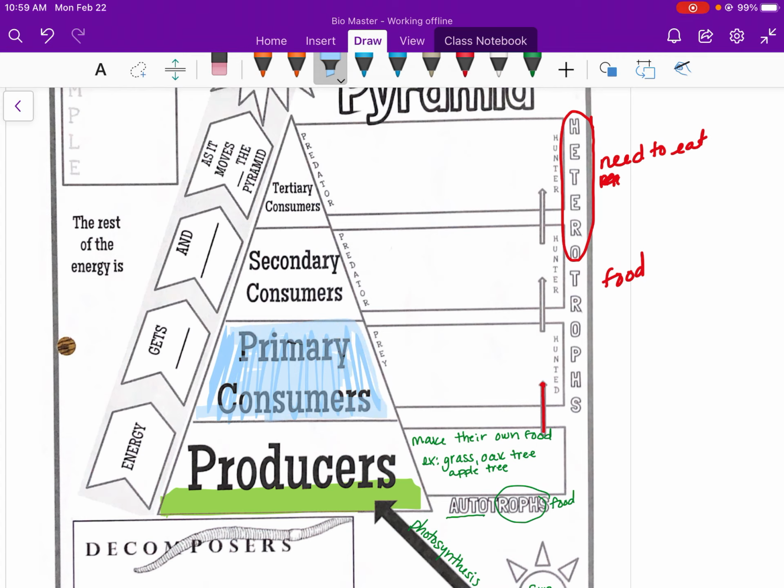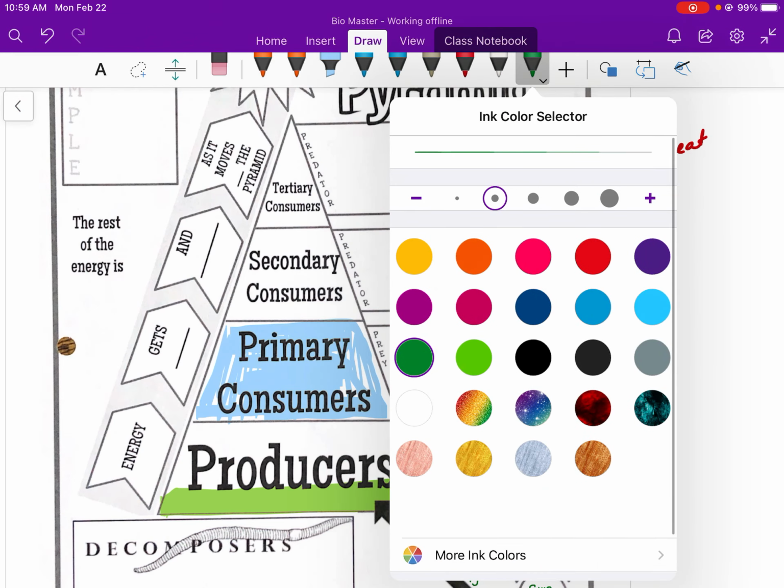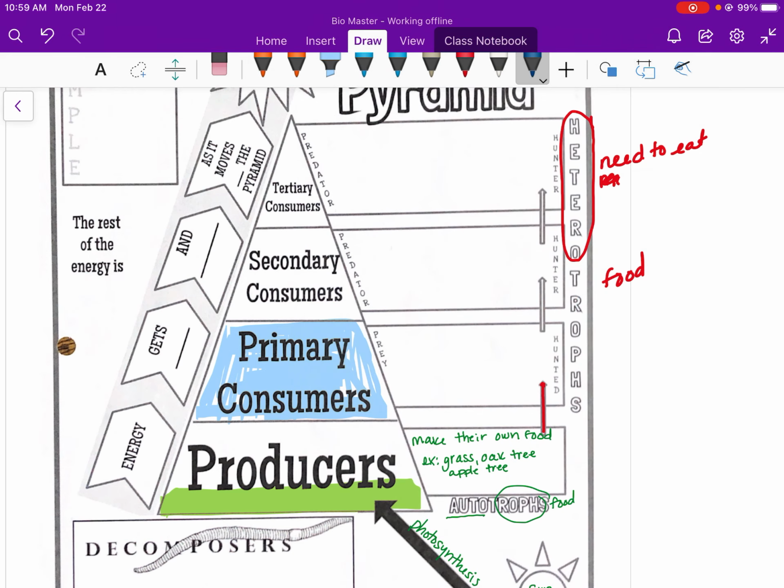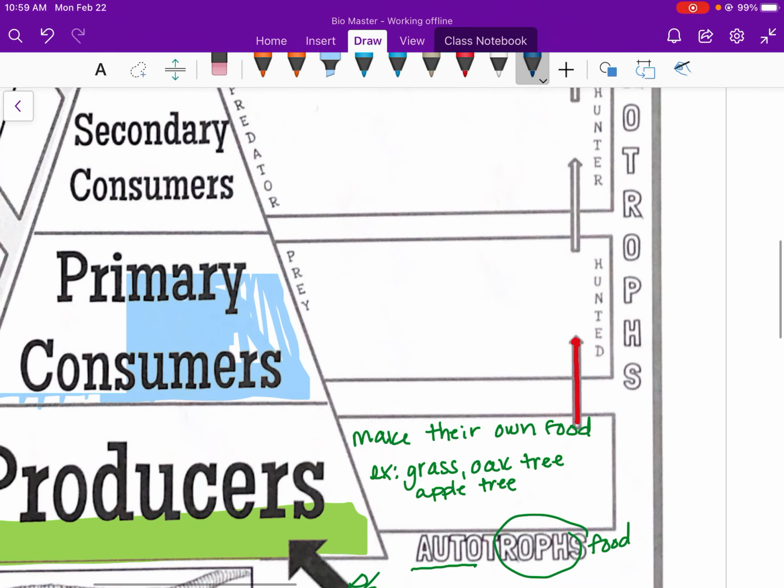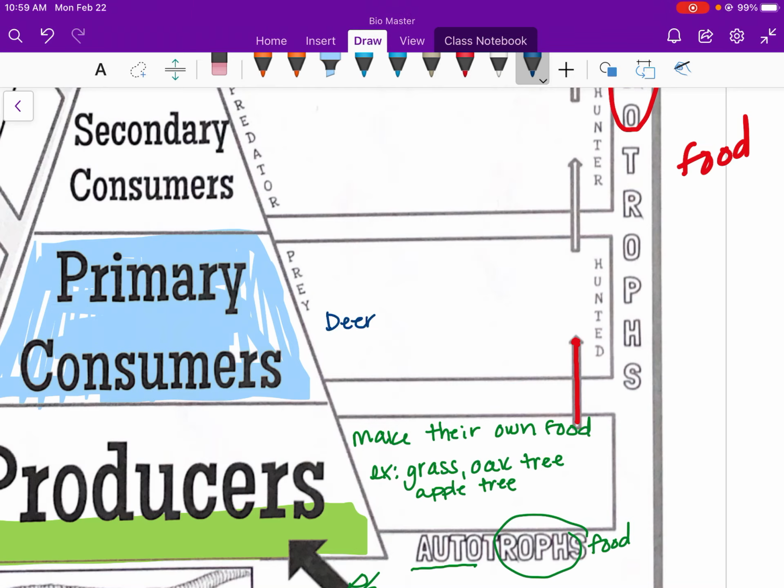And these are what we often consider prey animals, herbivores. Let's change this to blue. Okay, so these guys are things like deer, rabbits. I'm going to put the word herbivore right here, meaning they're plant eaters.